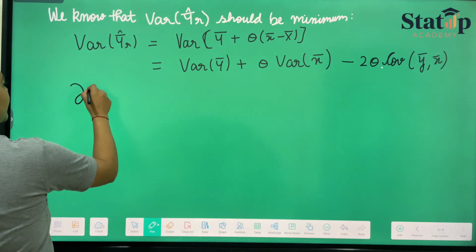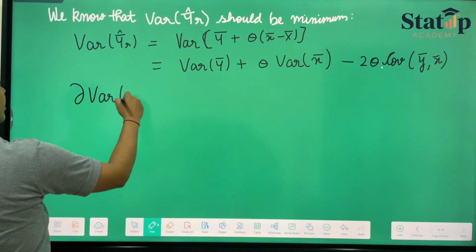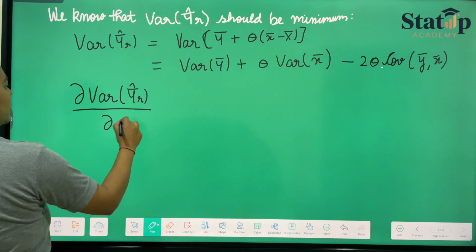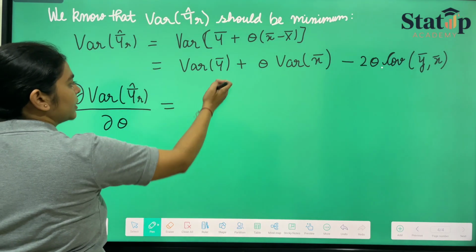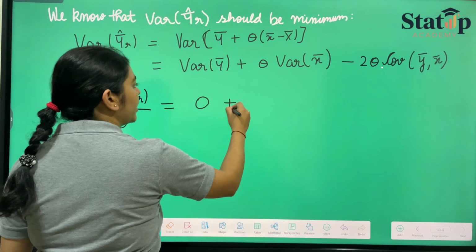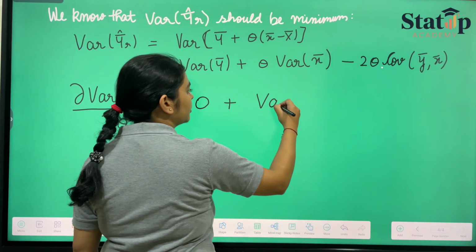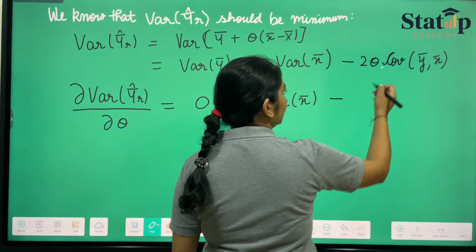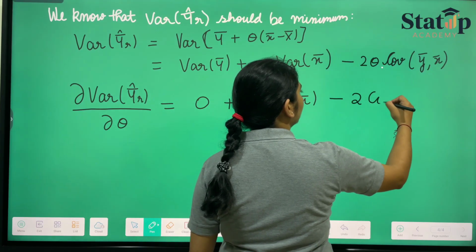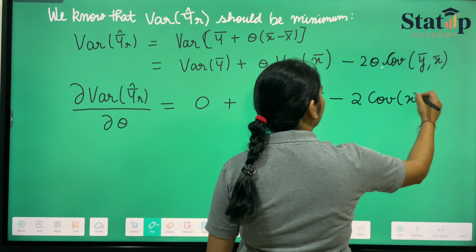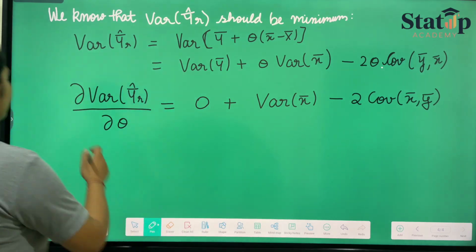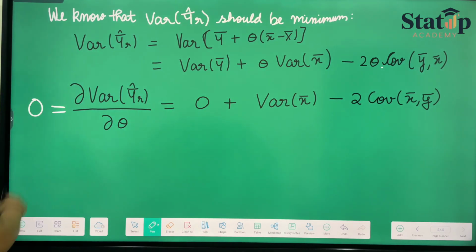We will differentiate it for it to be minimum. We will differentiate this with respect to theta. When I differentiate it with respect to theta, the first term will be 0. The second will be 2 theta into variance of x bar, and the third will be minus 2 into covariance of x bar and y bar. Then this is the normal equation. We will put this equal to 0.